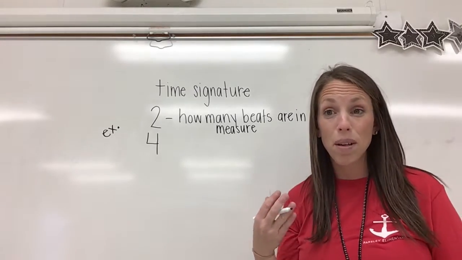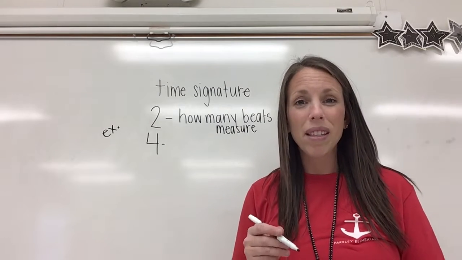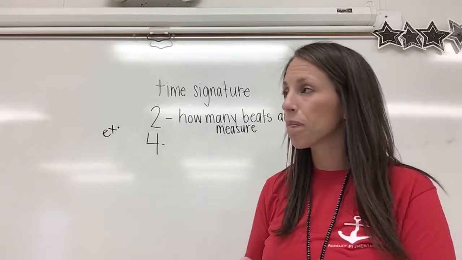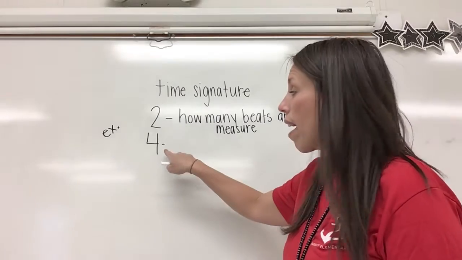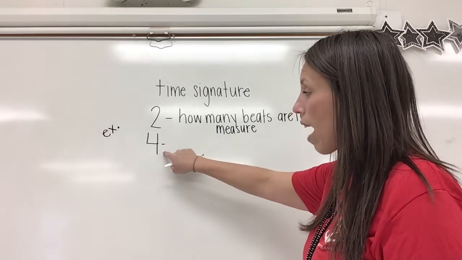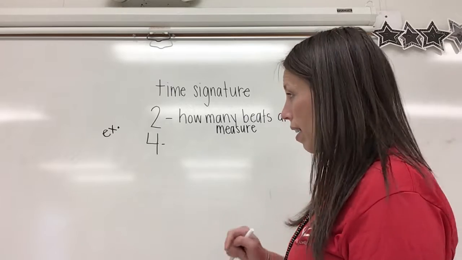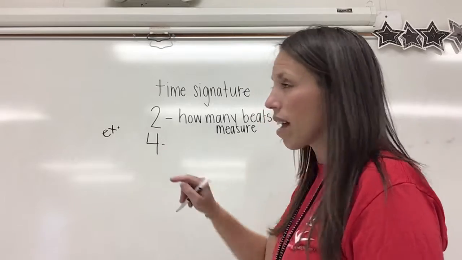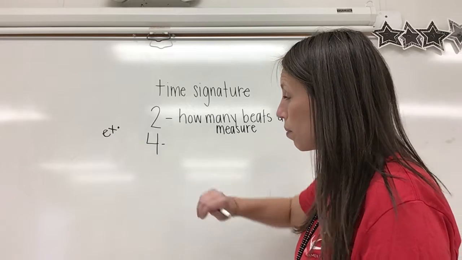Now the bottom number. The bottom number has a special purpose. It tells us what type of note will get the beat in a song. Anytime you see the number 4 at the bottom of the time signature, that 4 tells us that a quarter note gets the beat. So, you can kind of think of this as a fraction when it comes to this bottom number.